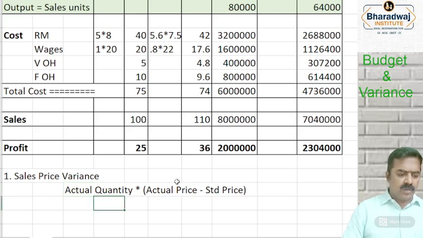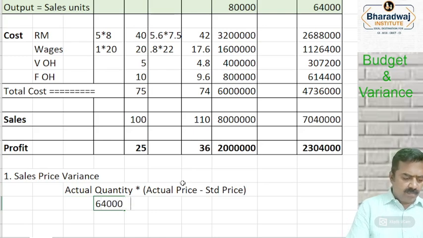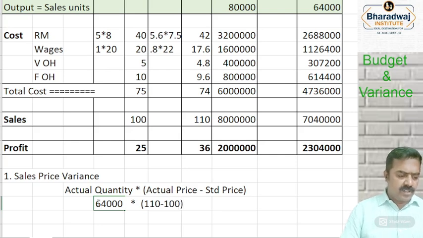The actual quantity sold is 64,000, multiplied by the actual selling price of 110 minus the standard price of 100.